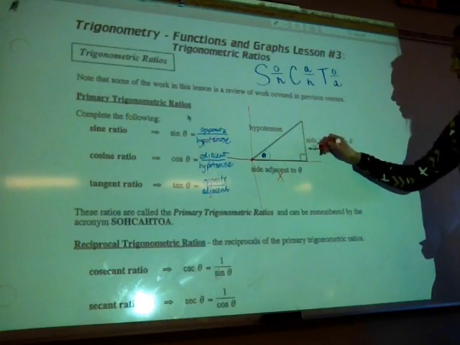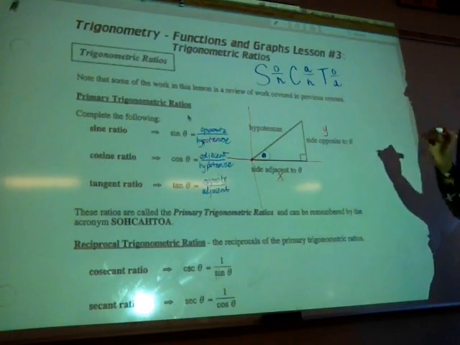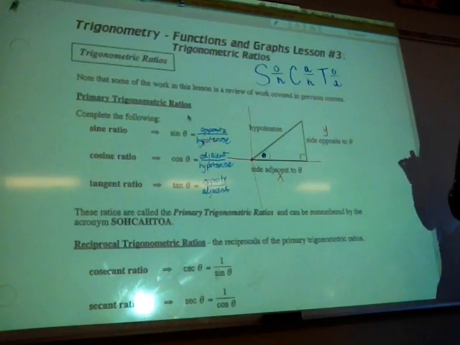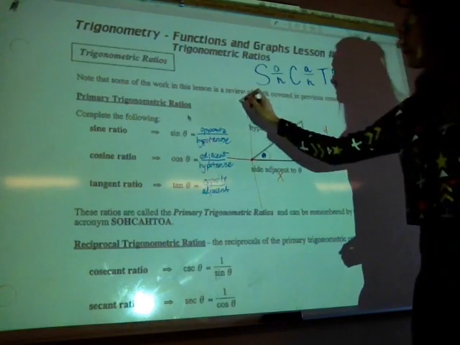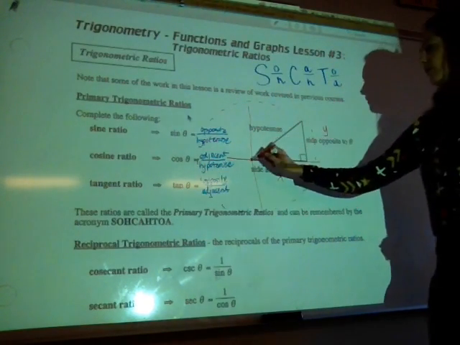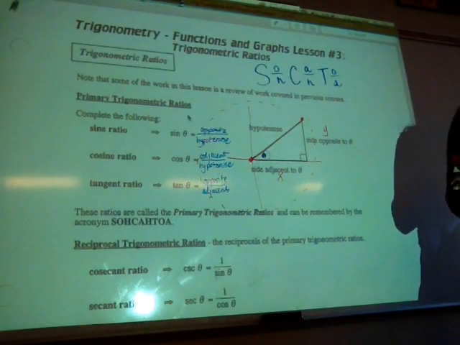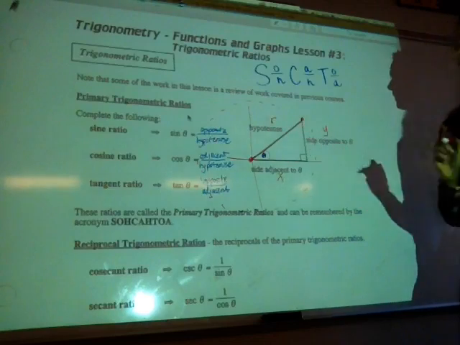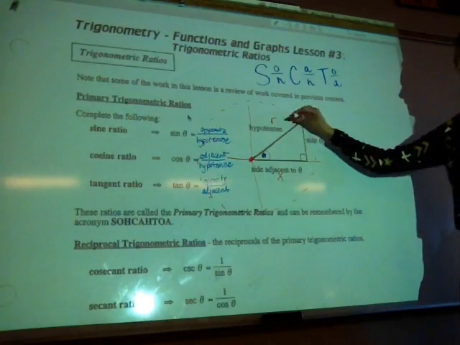Now the opposite side is going vertically up and down, so we can label that as y. And for the hypotenuse, let's just imagine we had a circle. Going from the center of the circle to the outside of the circle, what do we call that? Radius, yeah. Or r. So we're going to label our sides as x, y, and r.